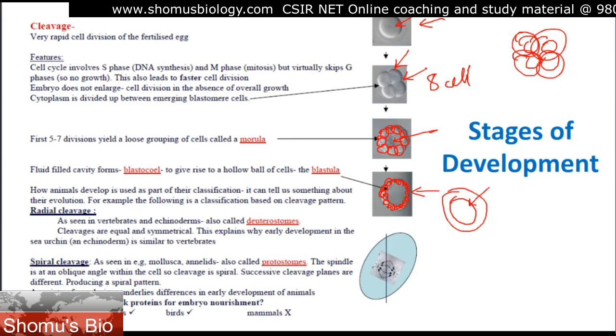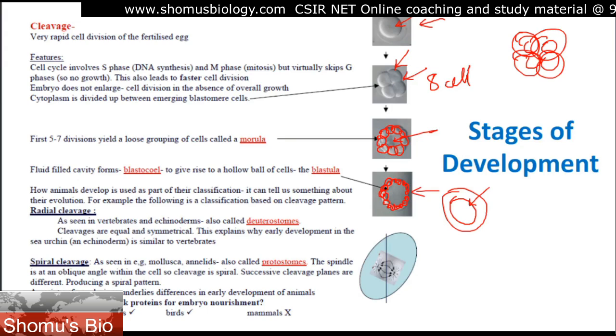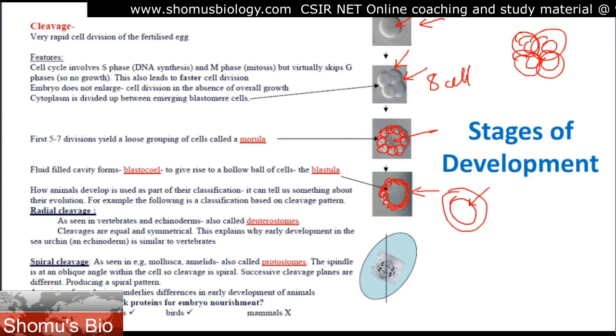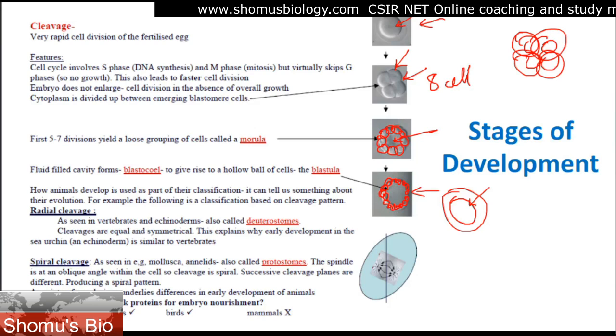Actually, we don't have the growth phases at all, because if you have growth phases, it will take a long time. If you recall that class on the stages of cell cycle, we've seen earlier that G stages or growth phases are the elongated phases, right? Maximum time is taken by the growth phase. But at this point we need rapid division, very fast cell division, which is not the usual way cells divide.